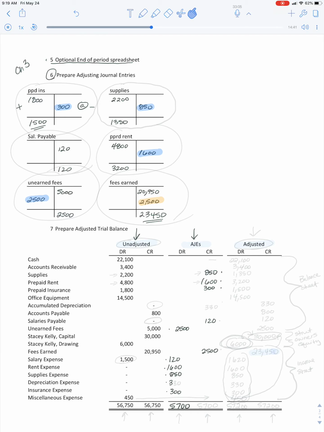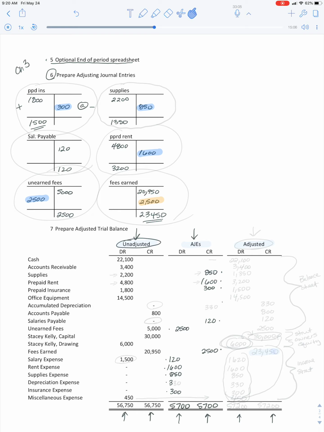So long as your adjusting entries balance, then you should be, and you started off with an unadjusted trial balance that was in balance. See, we started off in balance. We changed it, still in balance. So our final adjusted trial balance should still be in balance.